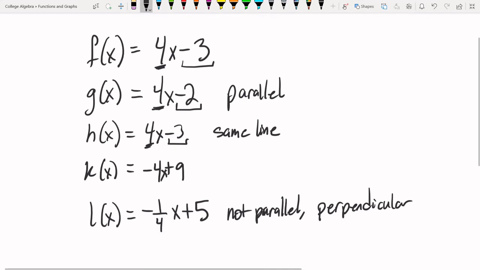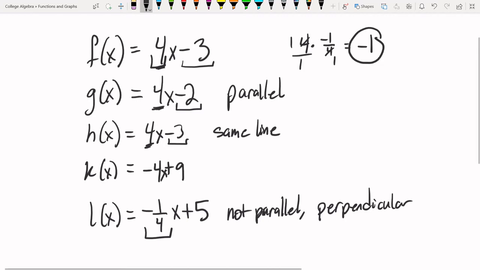And the reason why it's perpendicular, the book's definition is if you have two slopes. So in this case, f of x is 4, L of x has negative 1/4. 4 times negative 1/4, those cancel, and we get negative 1. If you multiply the slopes and you get negative 1, they are perpendicular slopes.